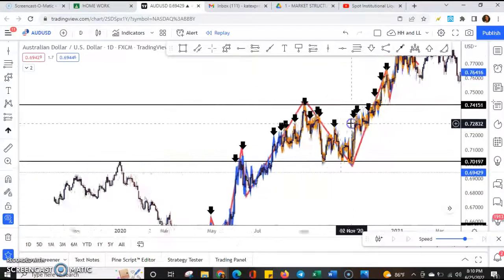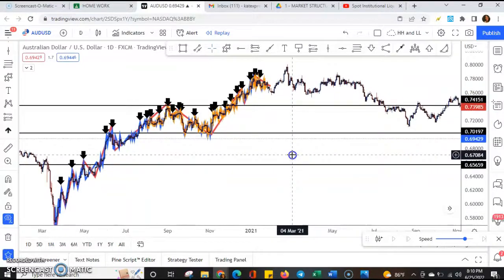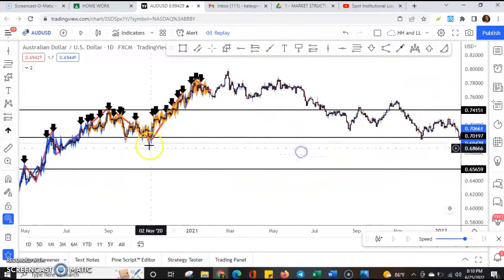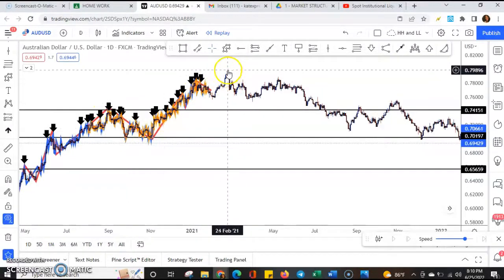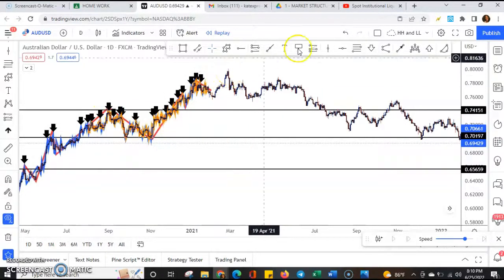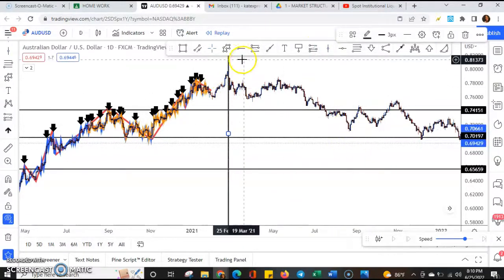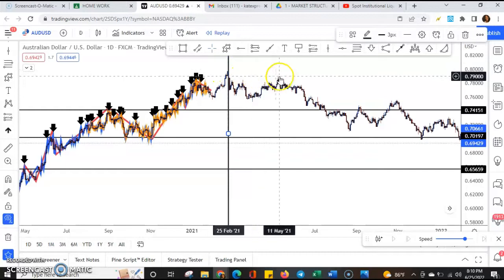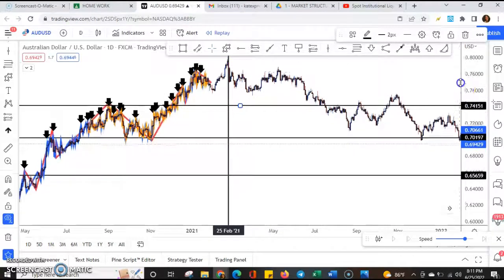And then at some point in the market, you're going to have a true change of trend, a change of direction, when the market gets to its highest peak. So how I finish this entire process, you will see that the market made its highest peak right here. And if I drop a vertical line in the middle, from that point on, the market started making lower lows, lower lows, lower lows.